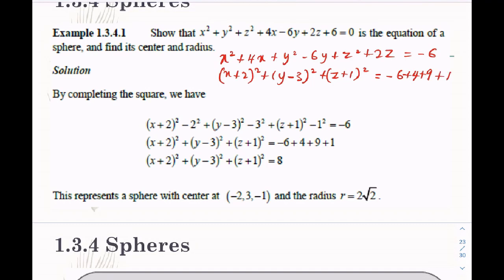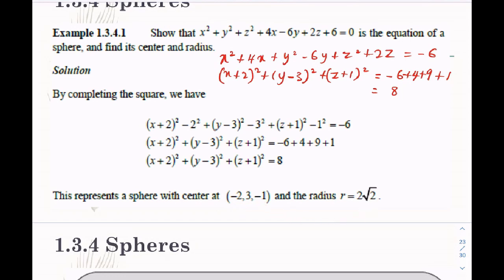Okay, finally, when we simplify, we have 8 over here, and then the rest will remain. Let's see, this is actually the equation of a sphere with the center (-2, 3, -1) with the radius.